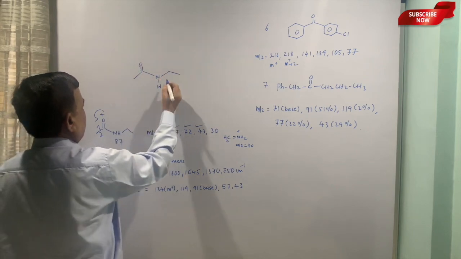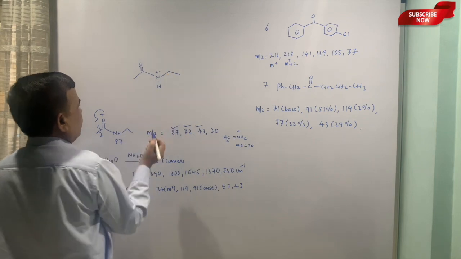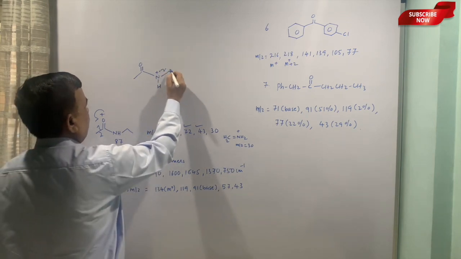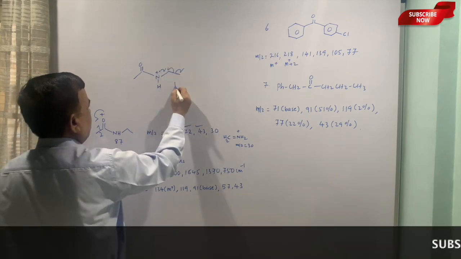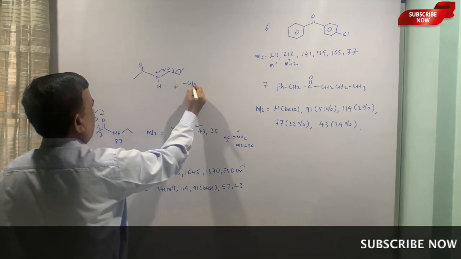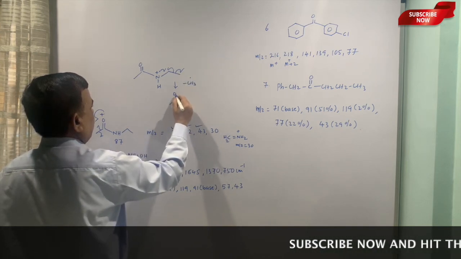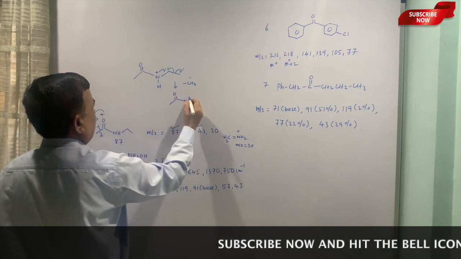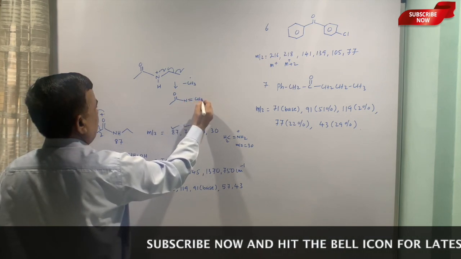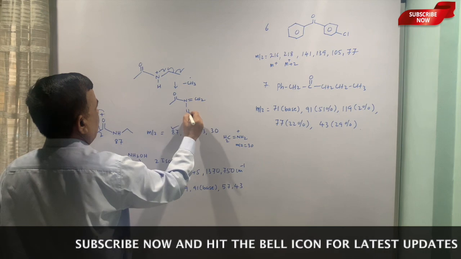NH, and then let me put NH plus here, methyl loss. So ultimately what you have is a double bond, CH2, NH.